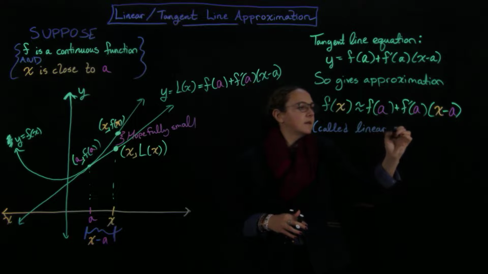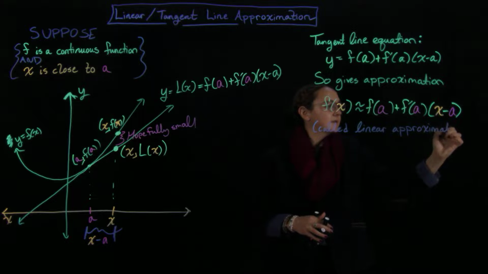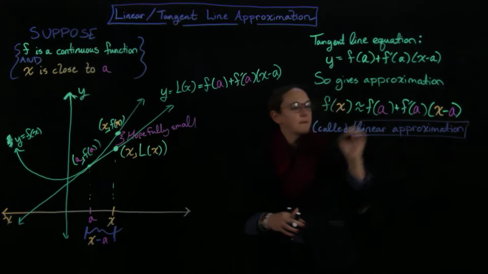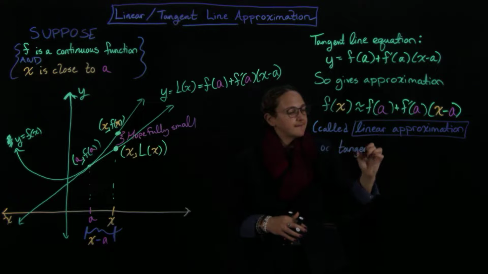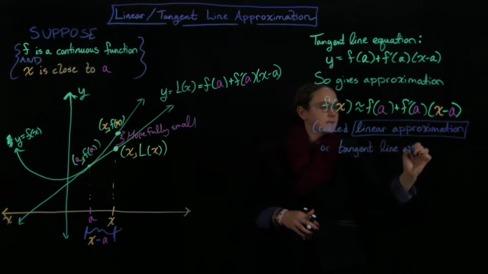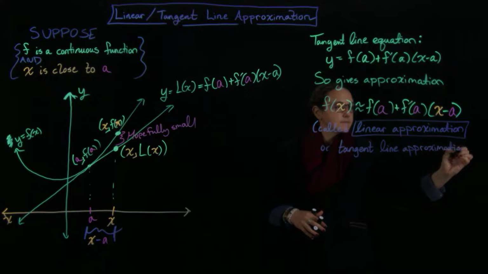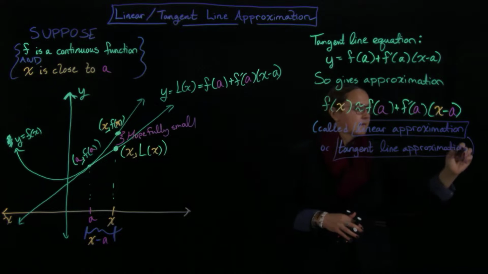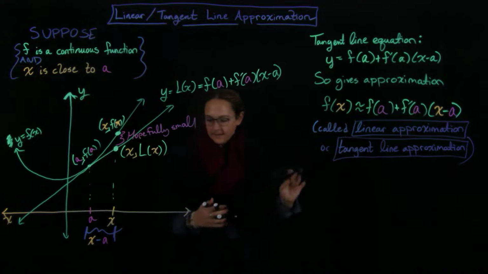So what this equation right above is called is the linear approximation, or tangent line approximation.